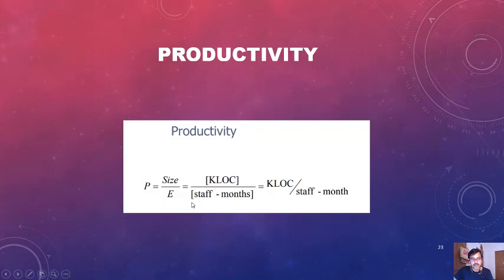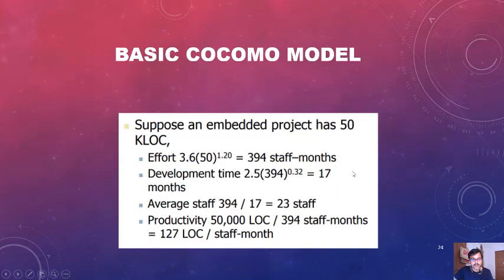Here is another problem. Suppose an embedded project has 50 KLOC. So the effort is equal to 3.6 times 50 to the power 1.20, which is 394 person months. The development time is equal to 2.5 times 394, that is the effort, to the power 0.32, which equals 17 months. Average staff is equal to 394 divided by 17. This is 23 staff on average required for the project.